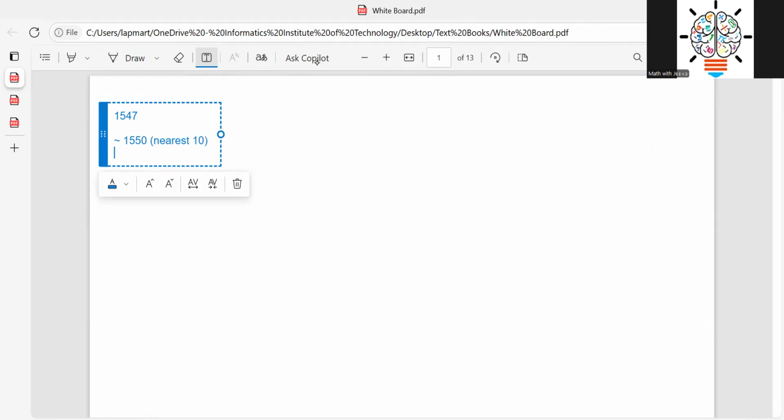So then the same thing, if I take the nearest 100, you look at the 100 place, that is digit 5, and when you look at the next one, it is less than 5, so you don't add anything, you just write 1500, and inside the bracket we write nearest 100. Okay, so then the next one, we want to approximate to the 1000. In the 1000 place you can see the number 1, and after that, what is the number?